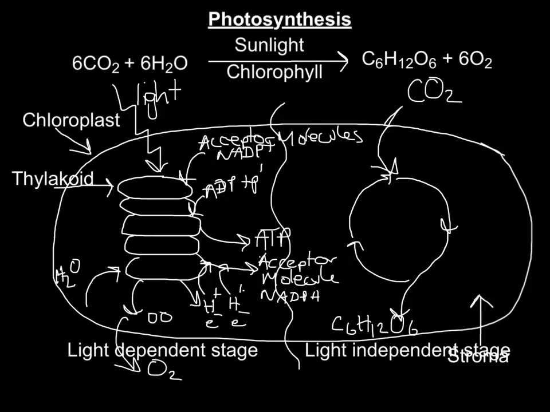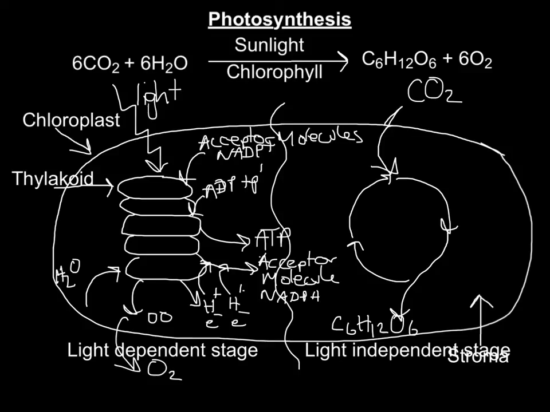Now, if you have a look at those two formulas for carbon dioxide and glucose, you can see glucose requires carbon, which we're going to get from carbon dioxide. Glucose also requires oxygen, and that's fine because we'll get oxygen from carbon dioxide as well. The thing that carbon dioxide can't give us is the hydrogen, and glucose needs 12 of them. So luckily for us, the light dependent stage has actually produced some hydrogen ions for us.